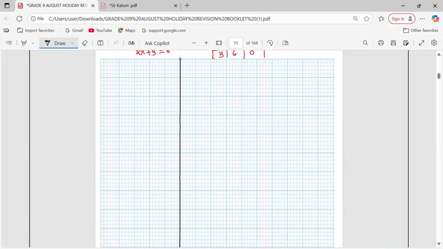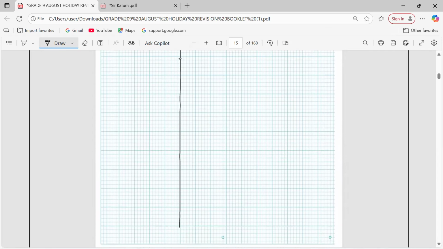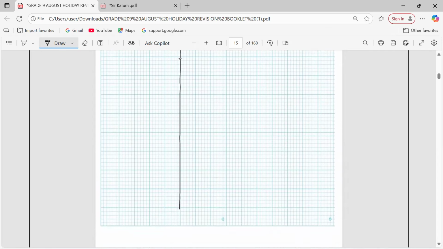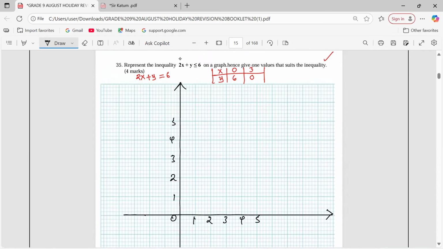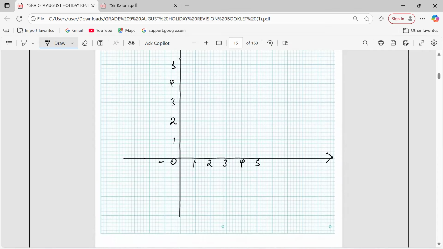And of course, we shall follow all the rules about plotting inequalities. 0, 1, 2, 3, 4, 5. 1, 2, 3, 4, 5, 6, 7. -1, -2.